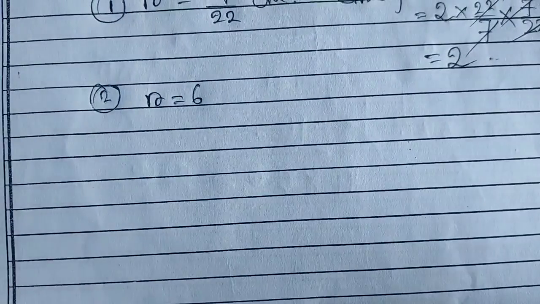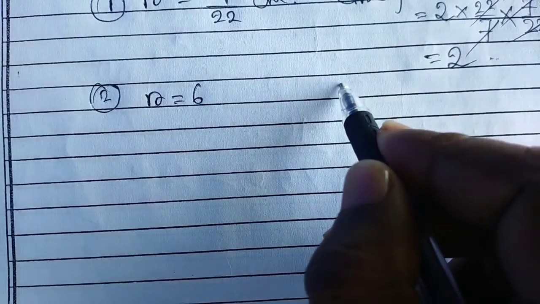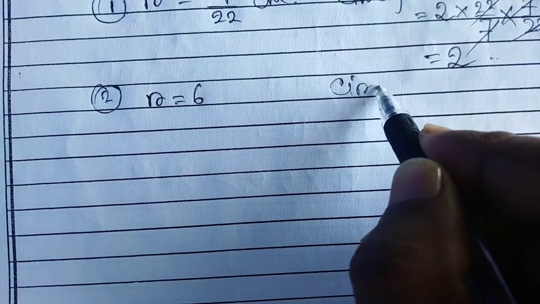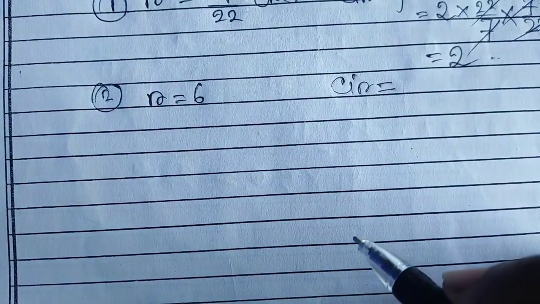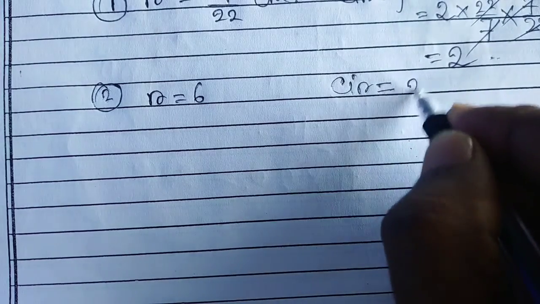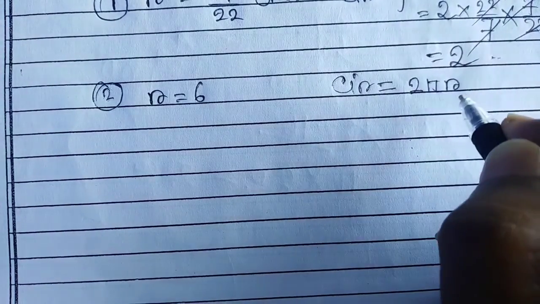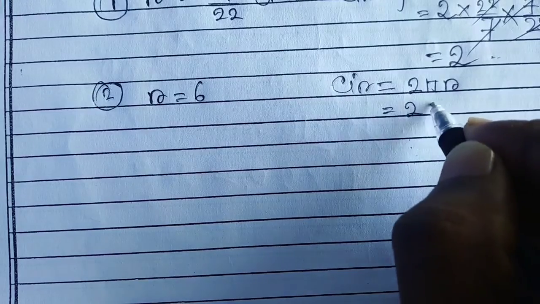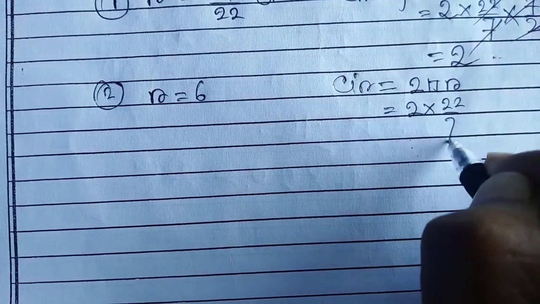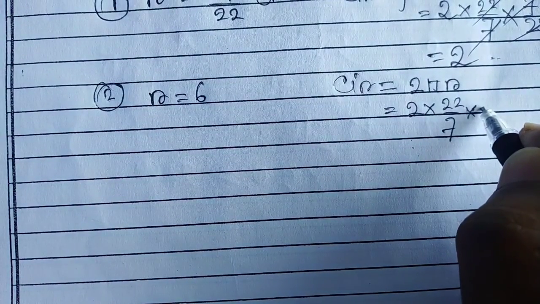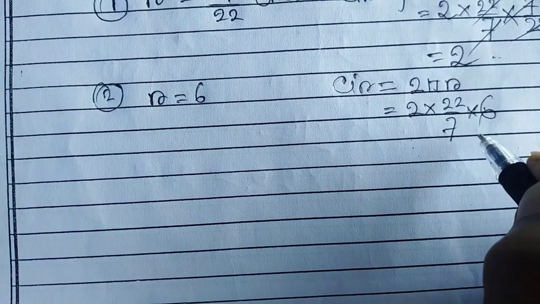So here the radius is given and it's 6 centimeter. So just try to find the circumference, and the circumference will be 2 pi r. That means 2 into 22 by 7 into r. R means 6.